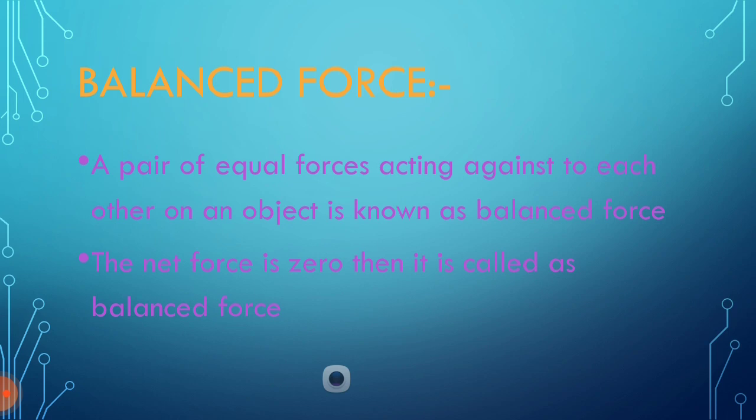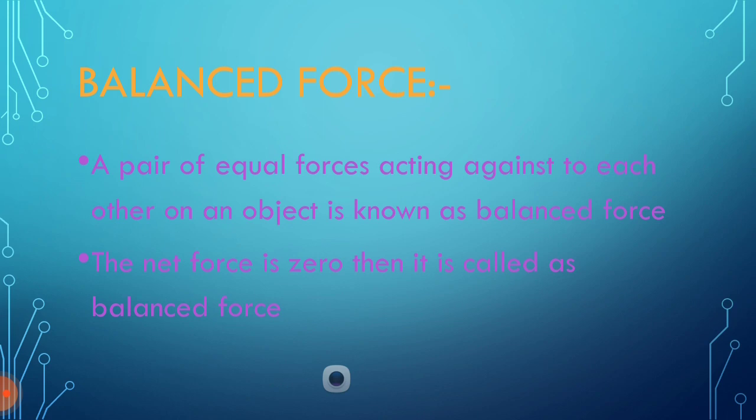Two people are pushing it to the right side by the force of 3 newtons, and another two persons are pushing from the other side with 3 newtons. Then it will not cause any movement. Why? Because here we take one force as plus and another force as minus. 3 minus 3 is equal to 0, it will give us 0.